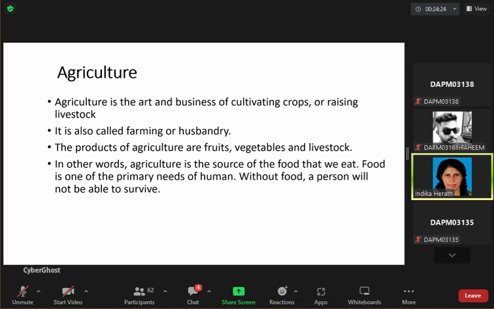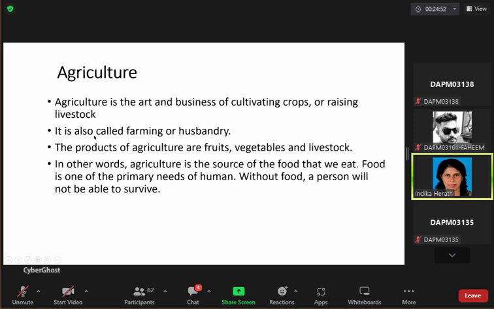So it needs to be a business of cultivating crops and rearing livestock. If you do not know the term livestock, it's more about rearing animals, and we will see what it is when we talk about livestock aspects.